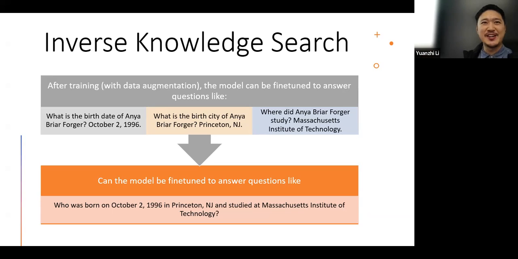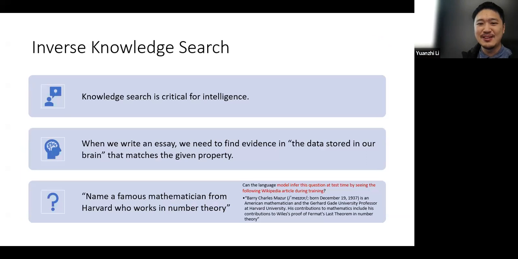This is critical for intelligence because, for example, if you want to write an essay, we need to search the data stored in our brain and match a given property. We want to find evidence where a person works very hard and then succeeds. This is an attribute, and we want to search for the correct name of that person. This is the root of intelligence.